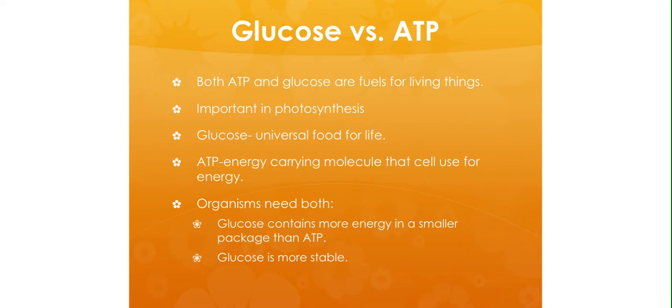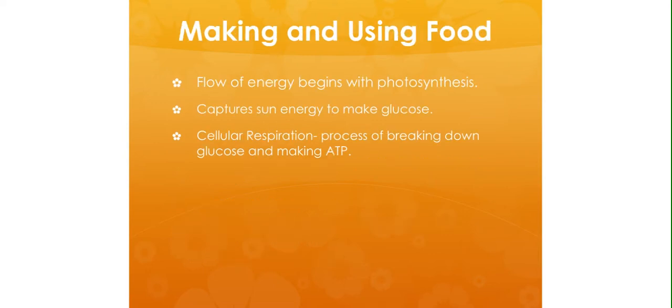And so this comes into the idea of making and using food. Again, we are spending all of this video talking about energy for life. So we need food to undertake our life processes.